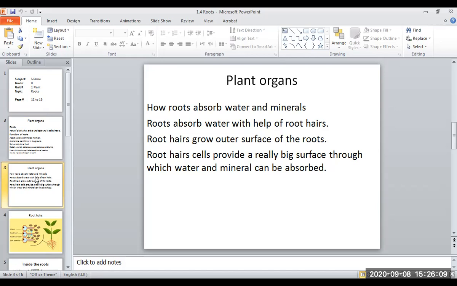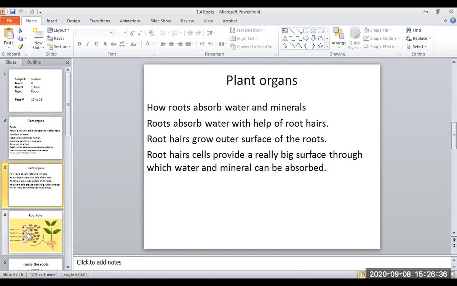Root hair cells provide a really big surface through which water and minerals can be absorbed. For example, root hairs absorb more water in less time because they have a big surface to absorb water from the soil.